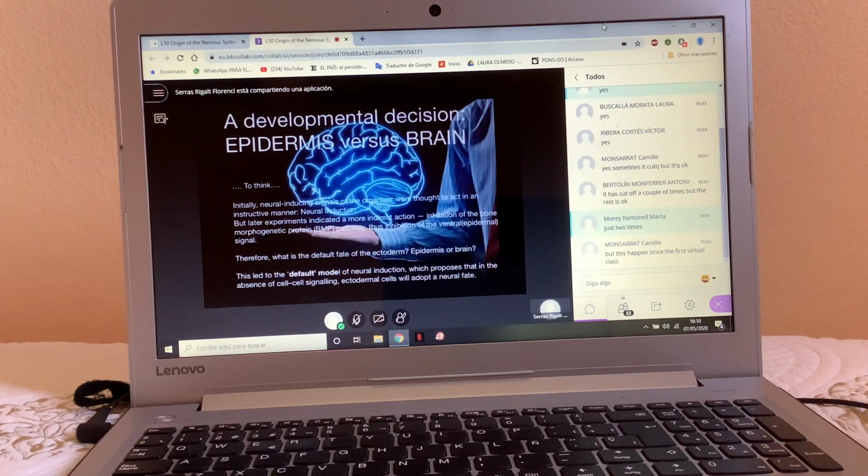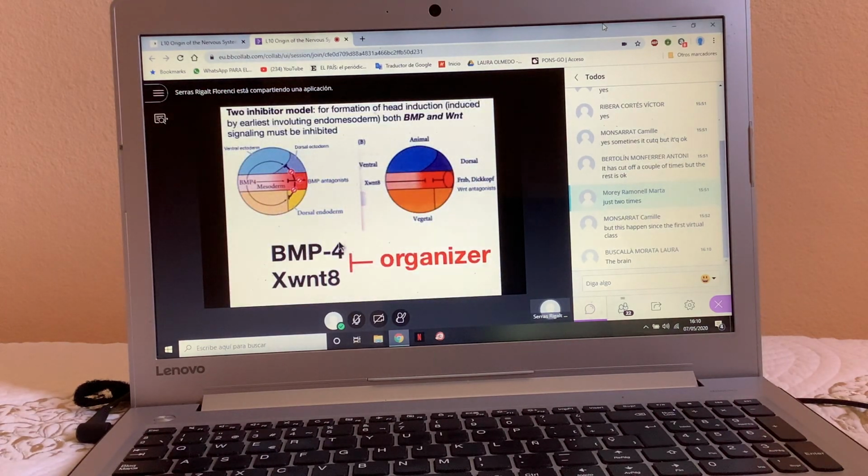So let's say that you have, it should be the brain in other things because you have it here, right? So, but it should be the brain. But this is very speculative, Laura. This is something that is very speculative. The main idea is that to have epidermis, we need signals.